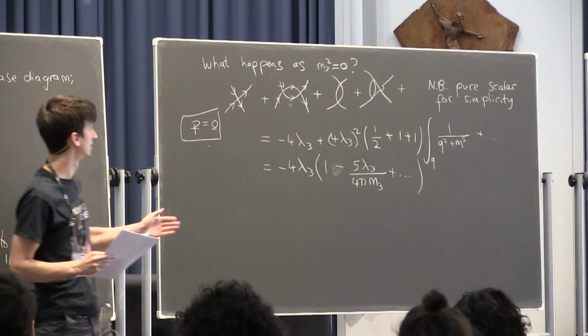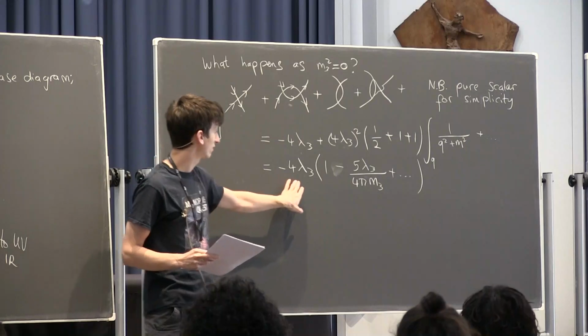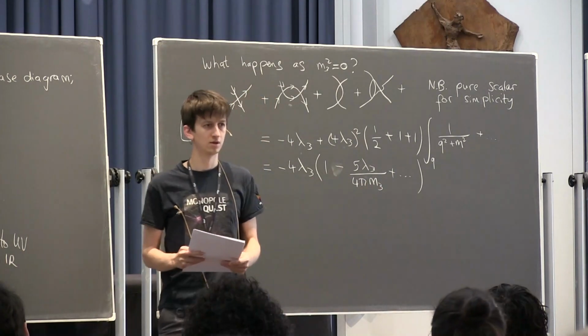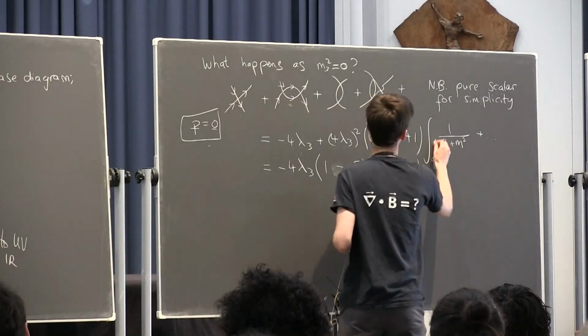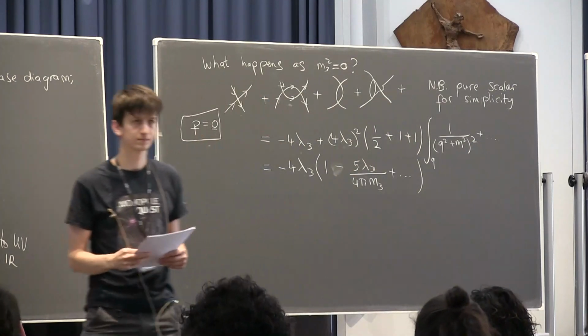So what does that tell us? It tells us that the 4-point interaction is corrected at one loop by this kind of a diagram. Did you have a question? Yeah, should we square the integral to propagate them? Yes, it should be squared, sorry. Thanks for catching that.